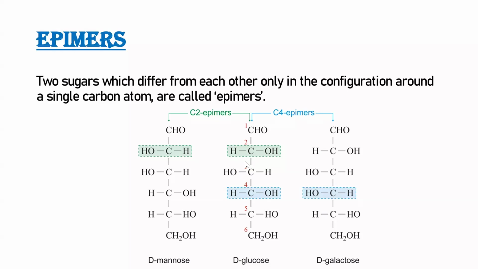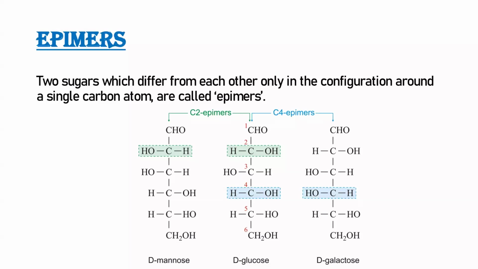That's what makes them differ. And D-glucose and D-galactose are also all the same, apart from the orientation of the OH group at carbon 4. That is what makes them differ.